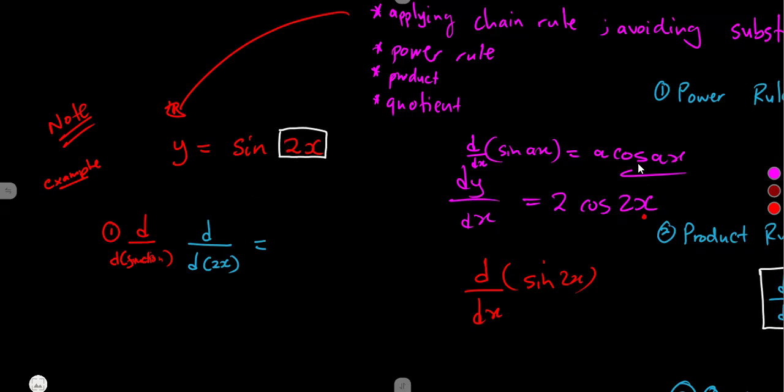But you don't use that 2x, because that one is with respect to x. Here we are saying with respect to the whole of this, so you ignore it. Sine changes to a cos, so it was going to be cos 2x. We differentiated the sine of 2x.